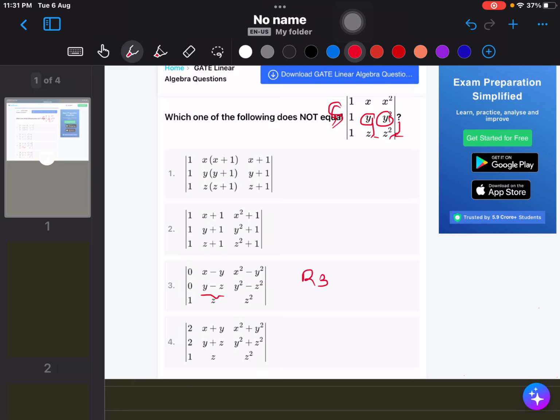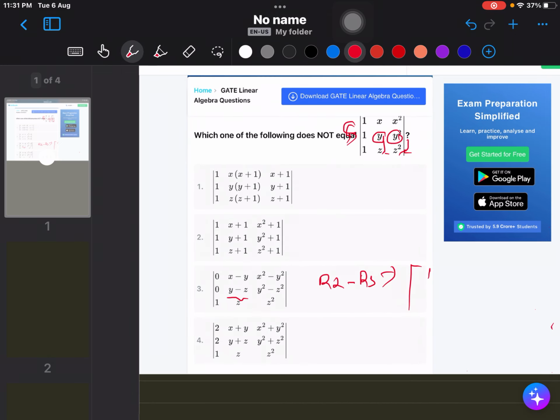So here in row 2, what we will get is row 2 minus row 3. If we subtract row 2 minus row 3, row 1 will be the same, 1 x square, 0 y minus z, y square minus z square.